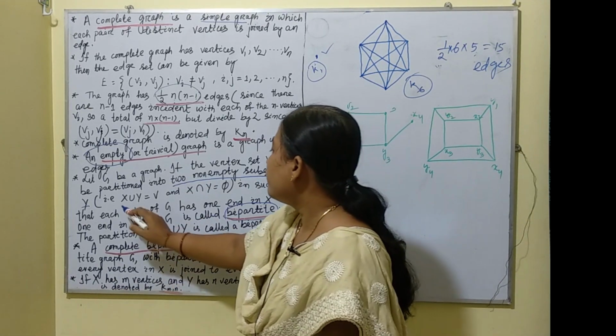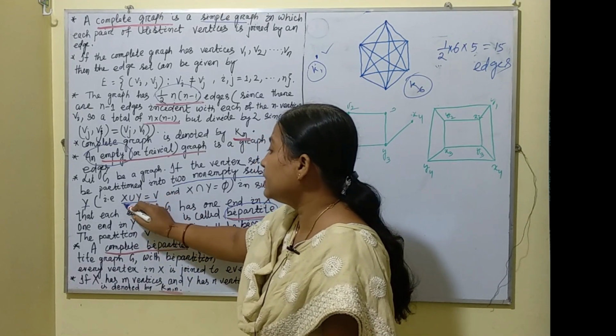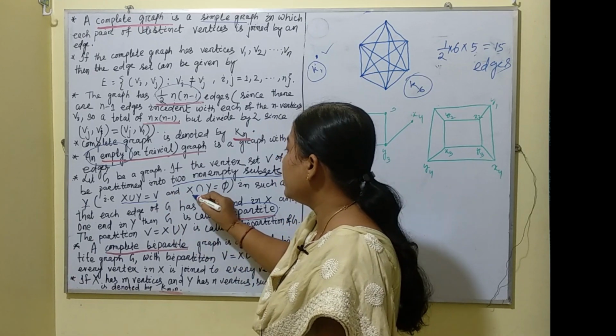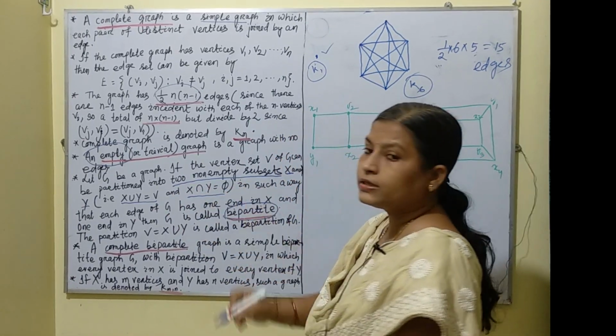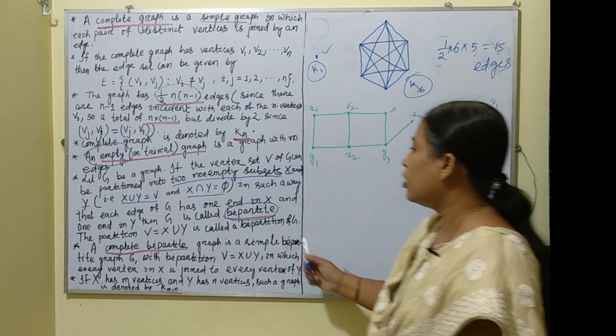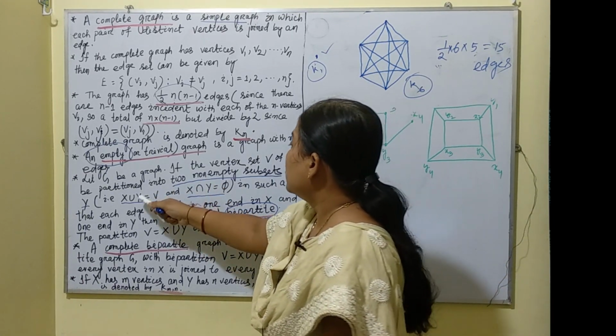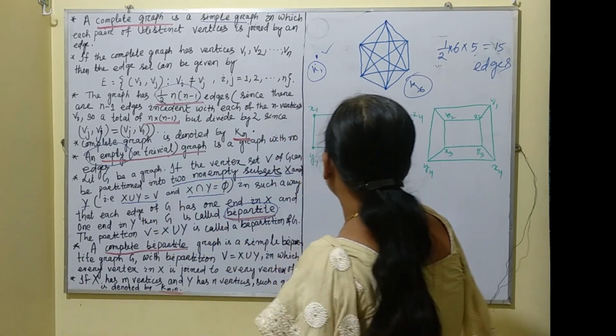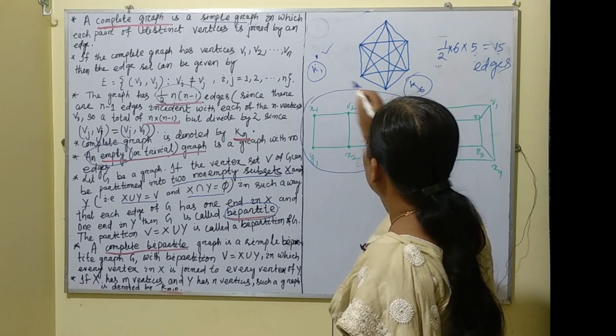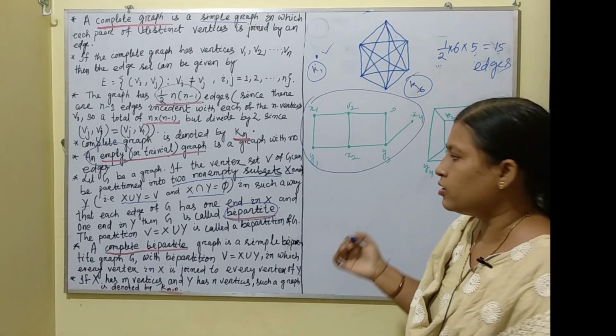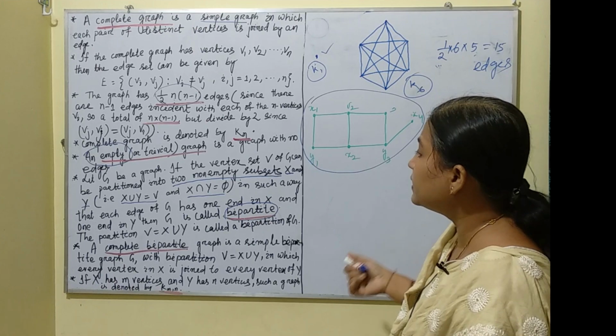So here the partition becomes X union Y equal to V and X intersection Y equal to phi. Okay, so here we are taking this example. Is this bipartite or not? We can check it.